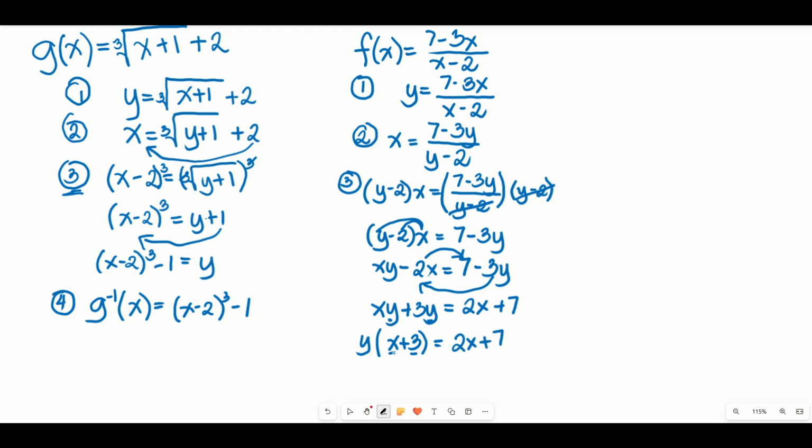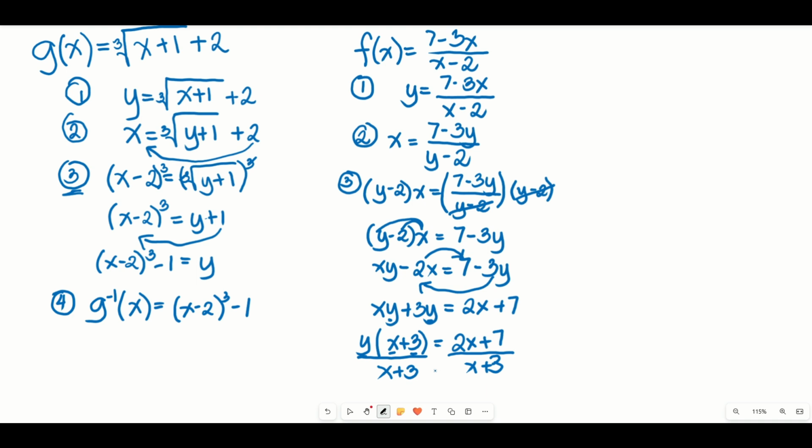And then, since meron akong y dito, okay, I have y here multiplied to x plus 3 para matira na lang si y dito sa isang side ng equation ko. I can divide both sides of my equation with x plus 3.